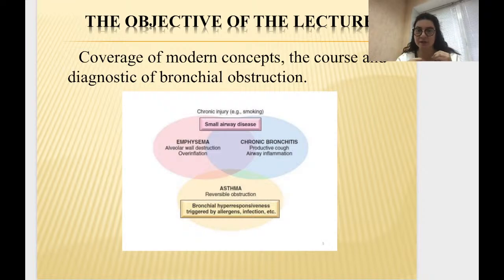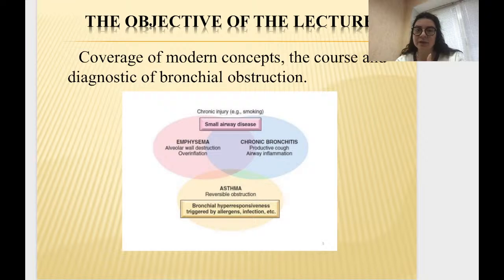The first is emphysema, with alveolar wall destruction and overinflation. The second is chronic bronchitis, the inflammatory component with productive cough and airway inflammation. And the third component is asthma, which is reversible obstruction of the bronchi.